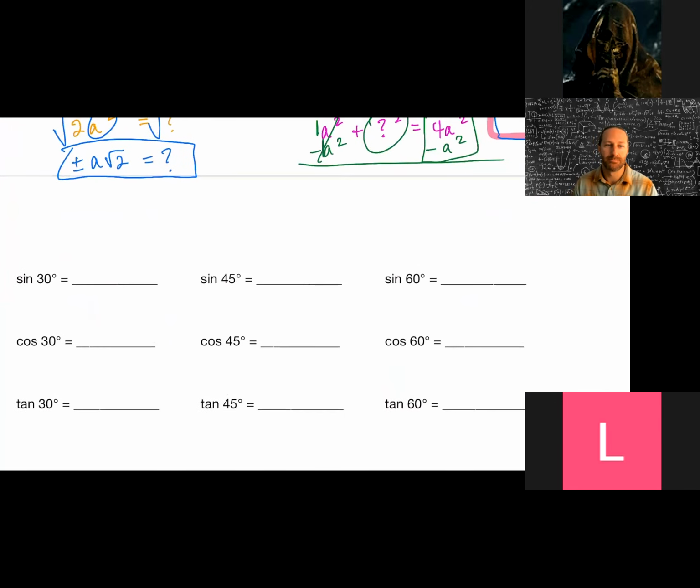So then help me out. Let's take those things and find these values. I'll draw them again for you real quick. Or let's do it together. What is the 45, 45, 90 values?